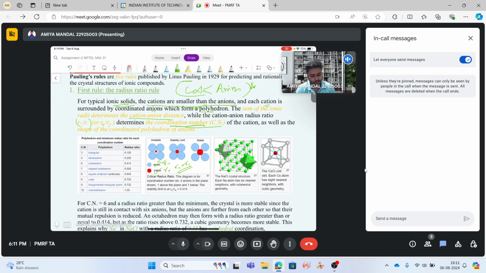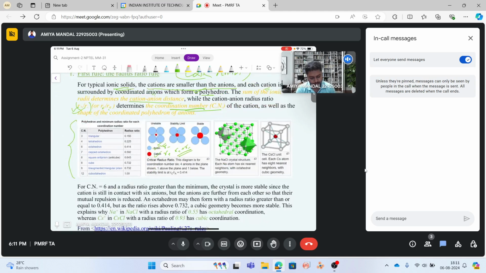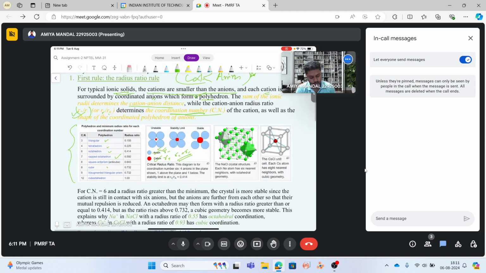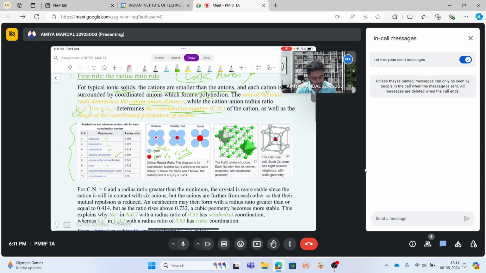Here is the coordination number with respect to the radius ratio, according to the polyhedron sizes. All these things are told in rule number 1 of Pauling's rules.